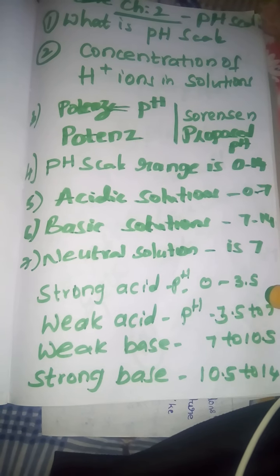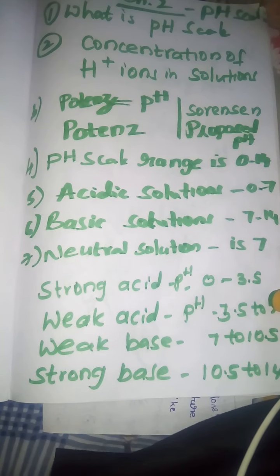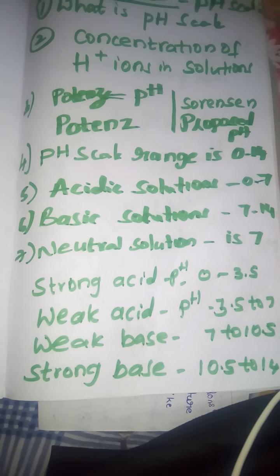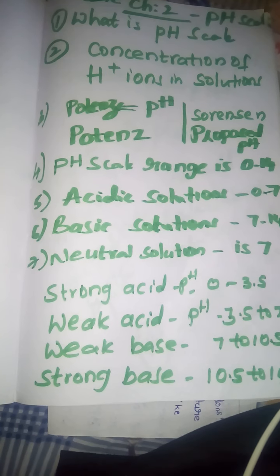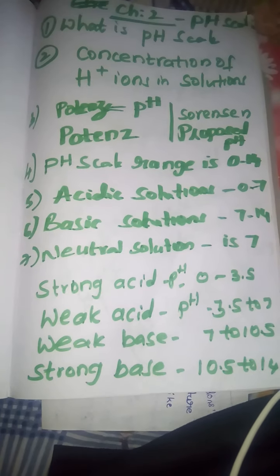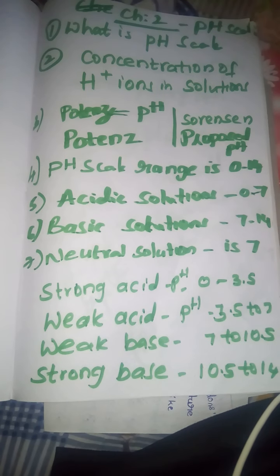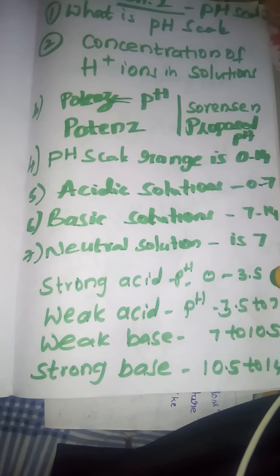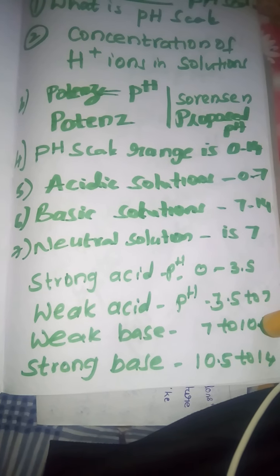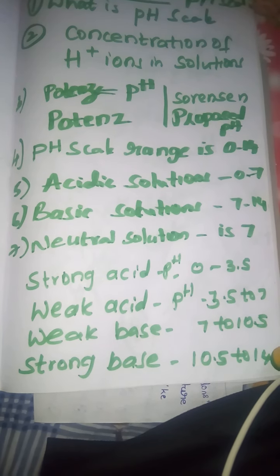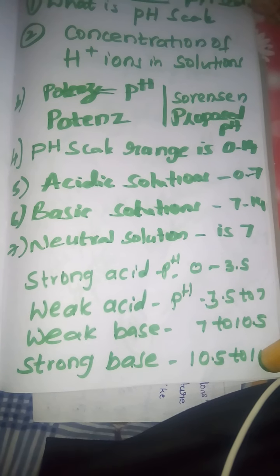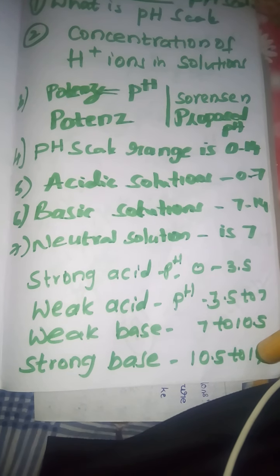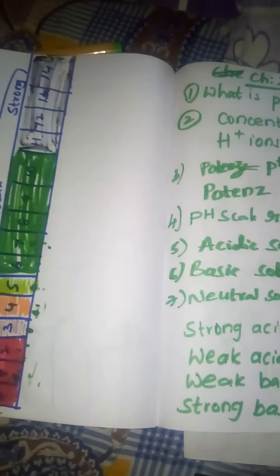Weak acid is 3.5 to 7. Above 7 is base, below 7 is acid, 7 is the neutral solution. Weak base is 7 to 10.5. Strong base is 10.5 to 14.